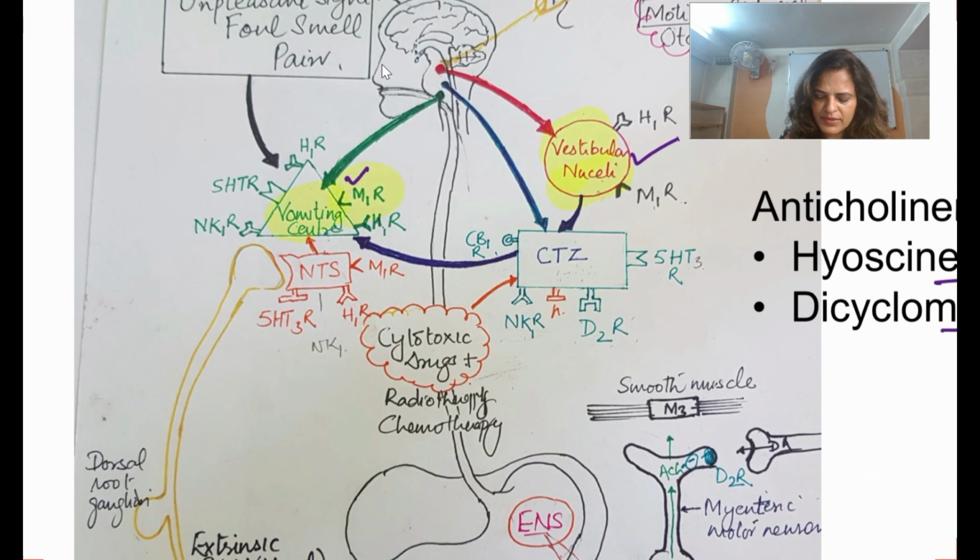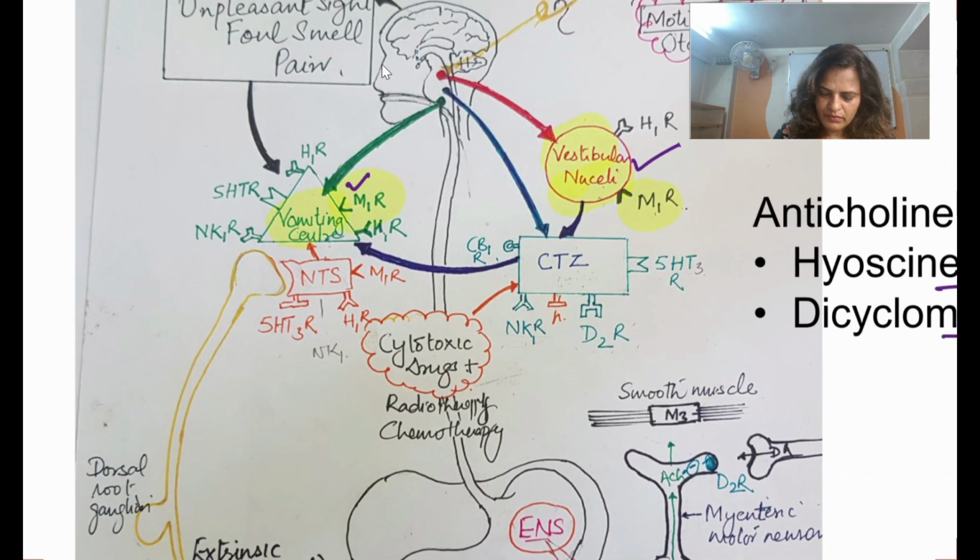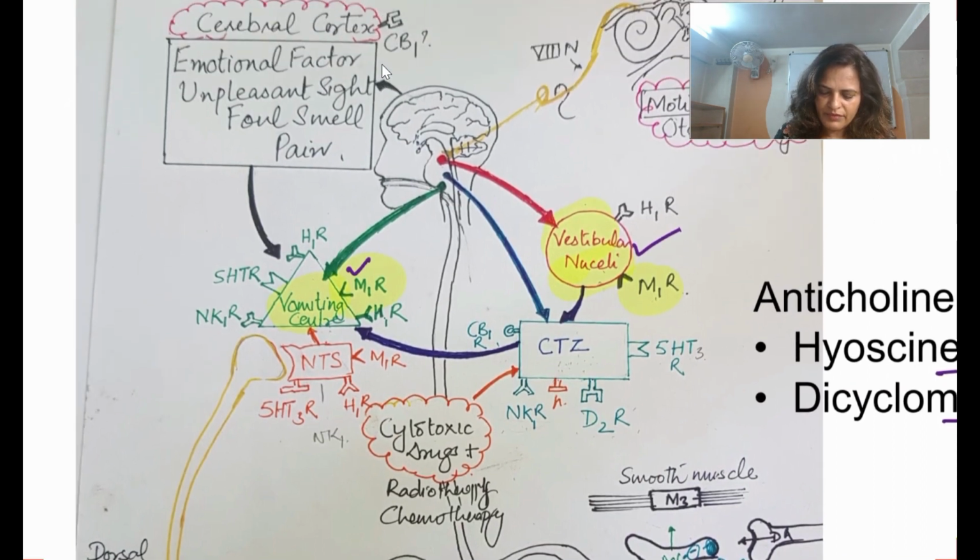These M1 receptor antagonists are going to block these two. Plus what else are they going to do? They are going to block the emetogenic impulses from the vestibular apparatus to the vomiting center, right?